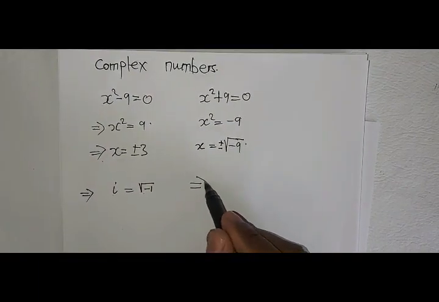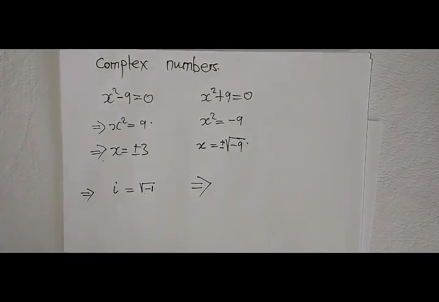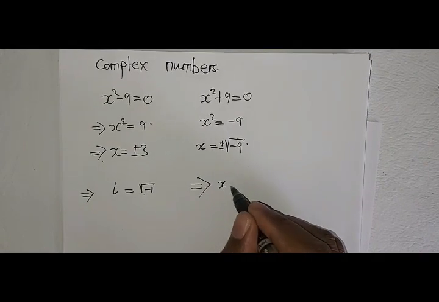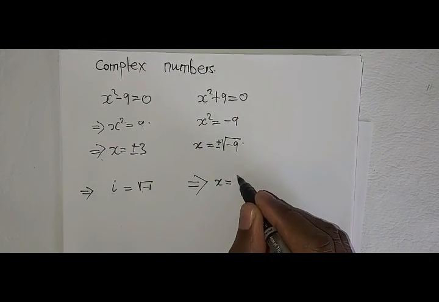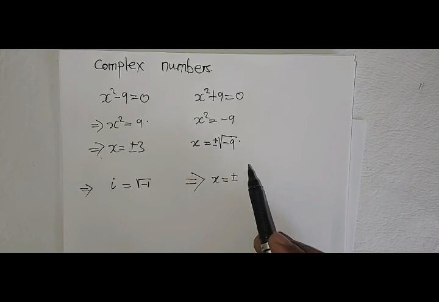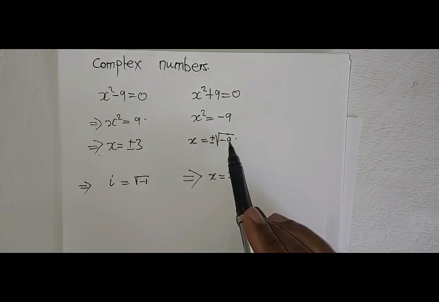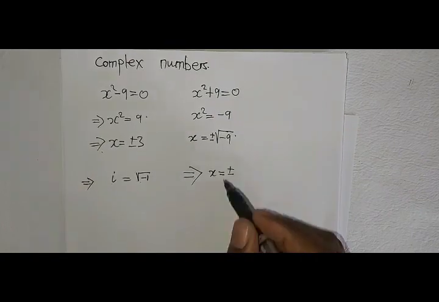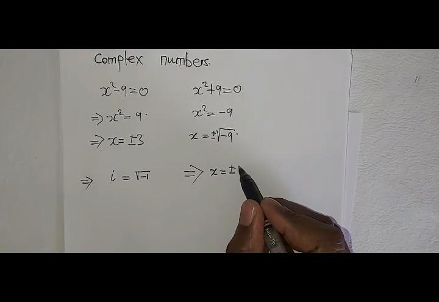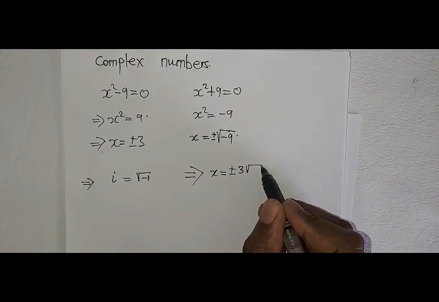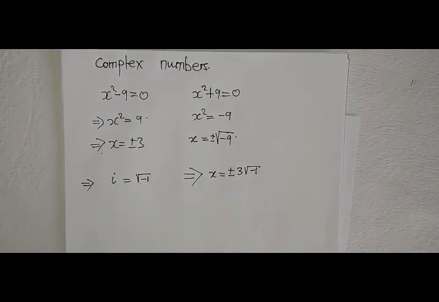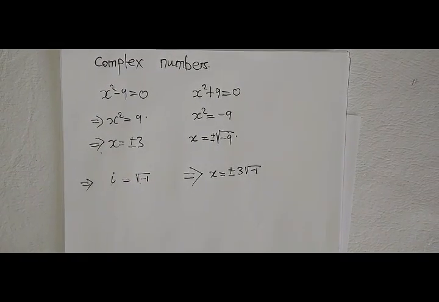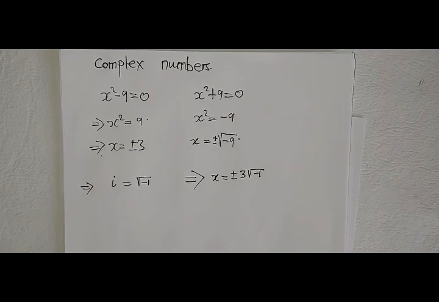Therefore my x will now be plus or minus, instead of putting minus 9 in the square root, plus or minus 3 square root of minus 1.